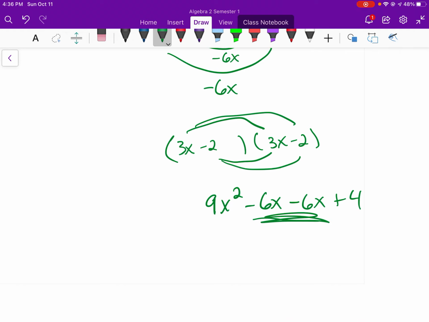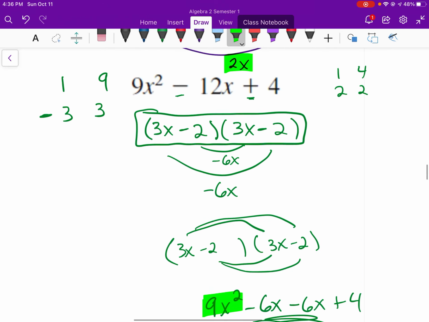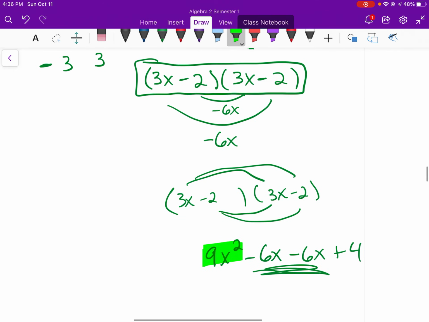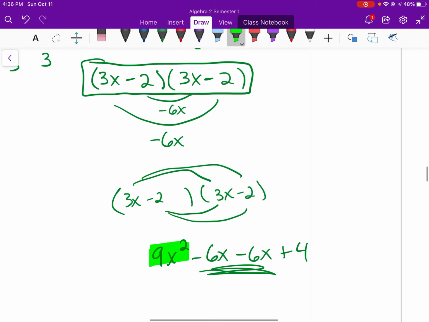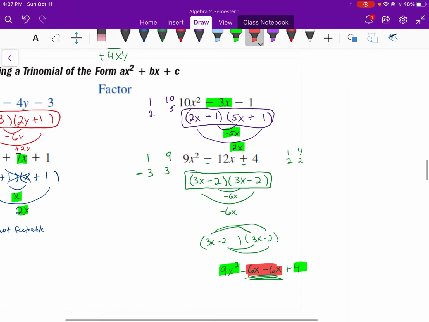Every single time when we write it in factored form, we should get this correct because we picked 3x and 3x, so for sure that's going to get 9x squared. We picked 2 and 2, so we know that should be 4. It's always just a matter of checking those outside and inside of FOIL to make sure we had factored properly. All right.